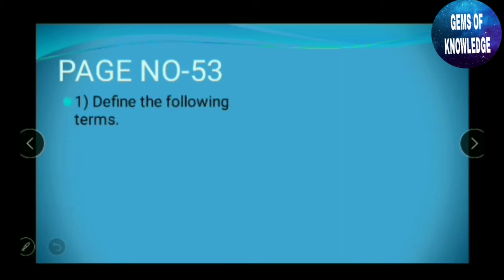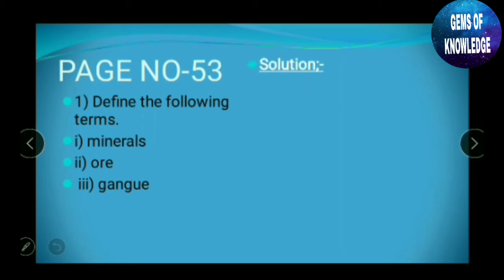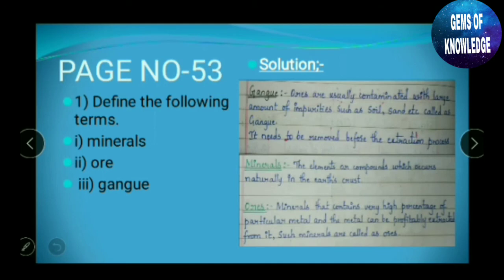Define the following terms: minerals, ore, and gangue. You have already studied these three in my videos, so let us repeat it. If you forget the solution, you can check it. I have already taught you this in my videos, so you can press the pause button and copy it down if you need it.